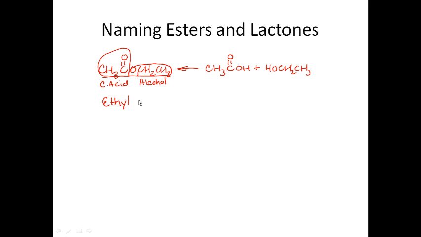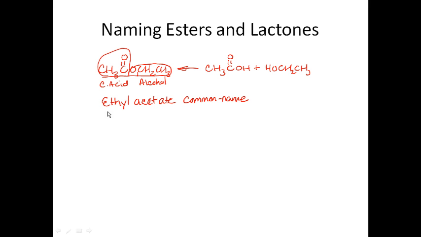So this is ethyl acetate, and instead of this being acetic acid, this becomes acetate in the common name. So in the common name system, I'm going to change the acid part from acetic acid to acetate.